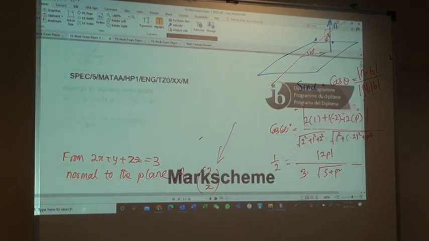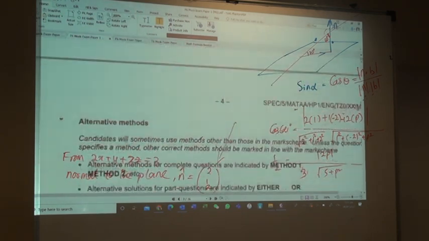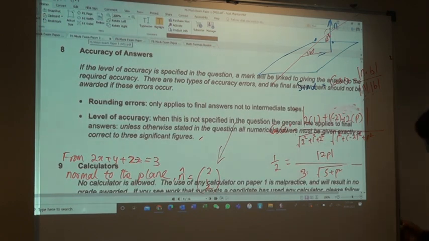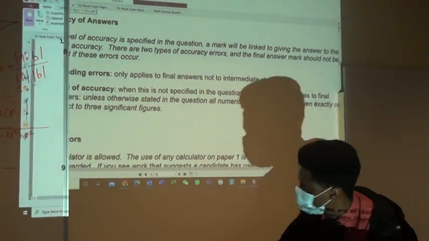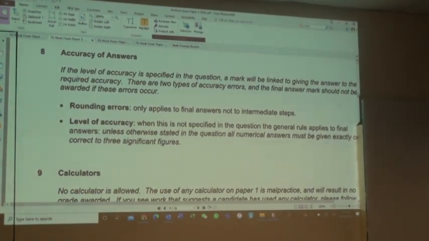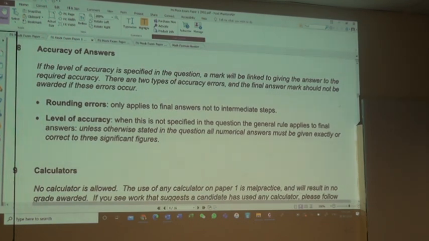Look at this mark scheme. Accuracy of answers. If the level of accuracy is specified in the question, a mark will be linked to the given answer to the required accuracy.